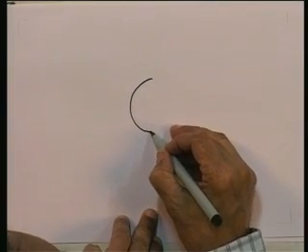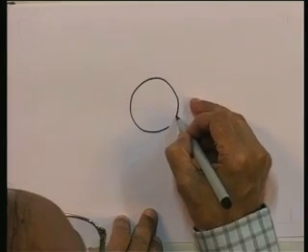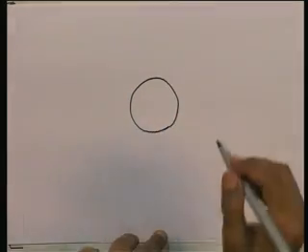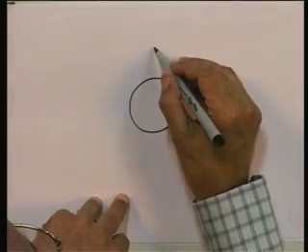Let me draw a sketch of the two tubes and the annular space in an end elevation, so that I can show the rays going back and forth. Let us say that this is the radius R1 and this is the radius R2.